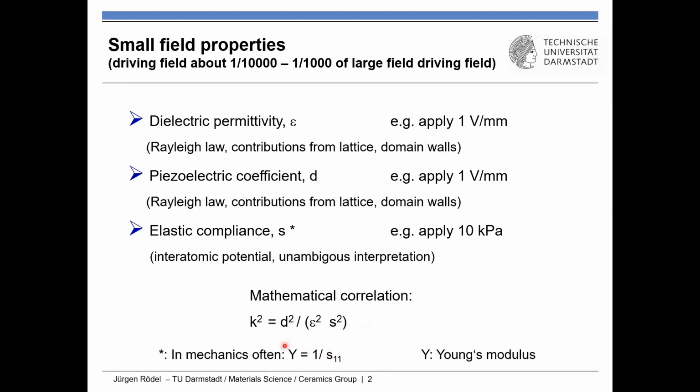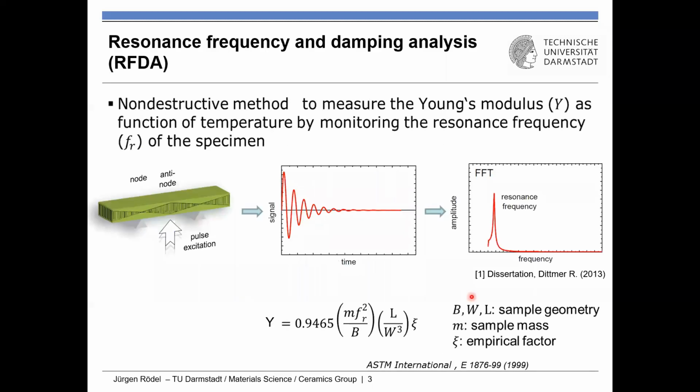As you know, all this is of course correlated here. In mechanics, often instead of the compliance, we just discuss the Young's modulus. I call the Young's modulus Y because in ferroelectrics, E for elasticity is taken already. So when we measure the Young's modulus, the way we do it is we use resonance frequency and damping analysis, and this is an ASTM standard. In mechanics, you often take a bend bar.